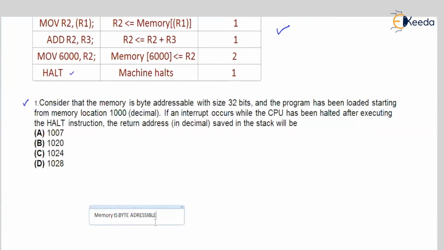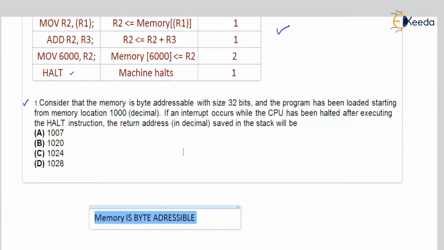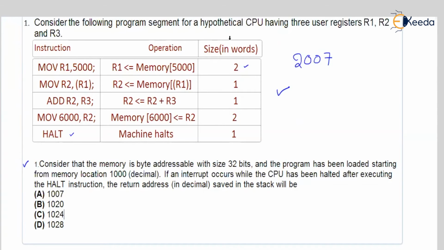This is an important point to understand because every word in the main memory will be addressed by its byte. Okay, it is not a word addressing. I'm highlighting this. And then the program has been loaded starting from the main memory location 1000. That is, this program is loaded from memory location 1000.